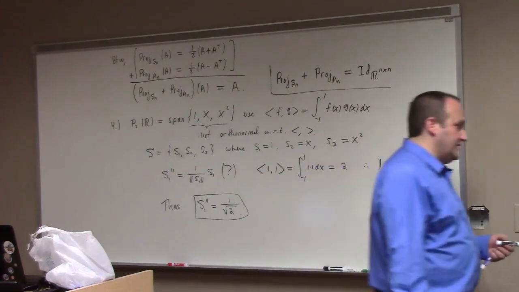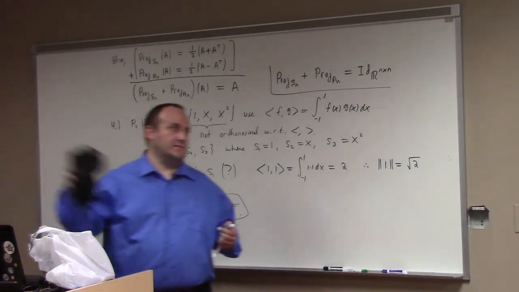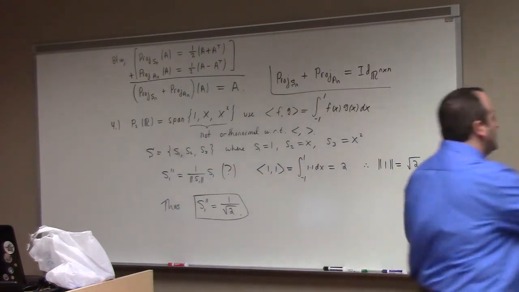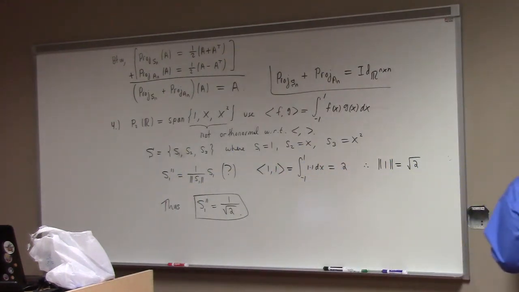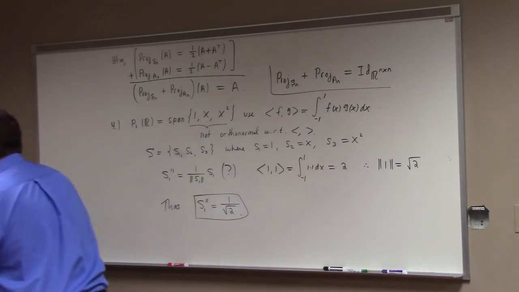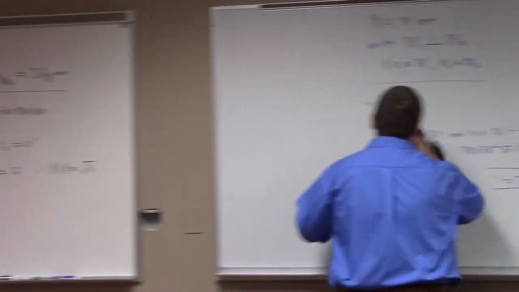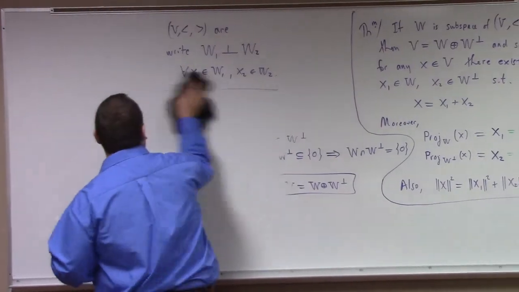What do we do next? Next step, we got to calculate our S2 prime, as I called it. Oh, what did I do? I'll do better. There you go. Hey, at least I didn't poke a hole through the wall this time.